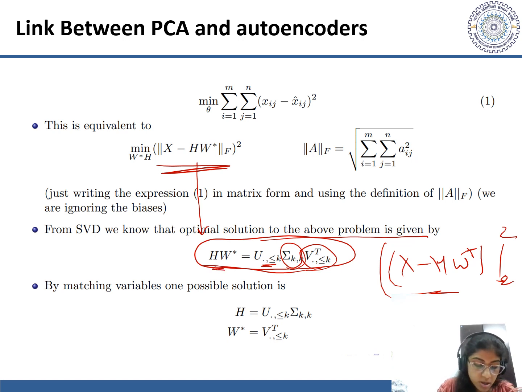This is possible only when HW star is equal to the SVD of the matrix given, matrix X. Now, by matching the variables, different solutions are possible also. But here I am taking H to be U sigma and W star to be V transpose less than equal to K, which is the K important eigenvectors.